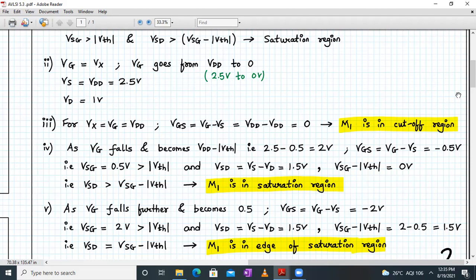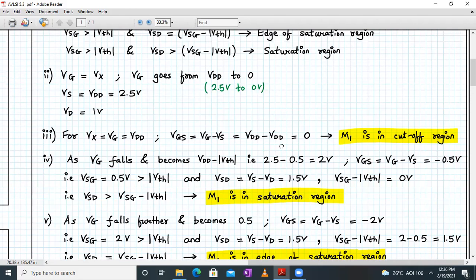Anyone having any doubt? You can add one more case where VG falls to a very low value, let's say 0.1 volt, and you can recalculate everything. That's a very simple conclusion that your M1 will be in the triode region. So that also we can add. In fact, you should add that information also.